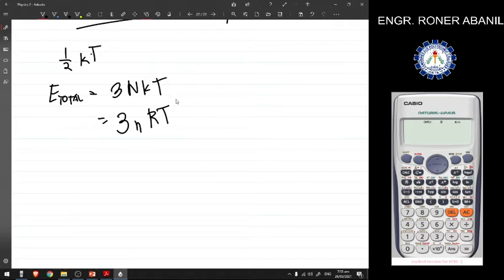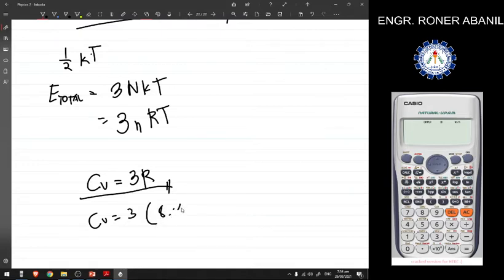From this, we conclude that the molar heat capacity of a crystal could be C_V equals 3R. So this is what we call an ideal monoatomic solid.